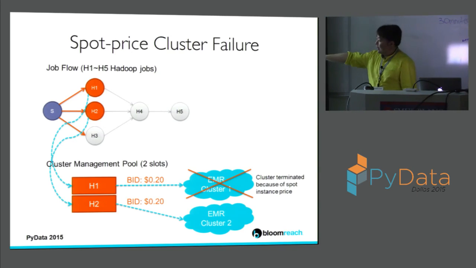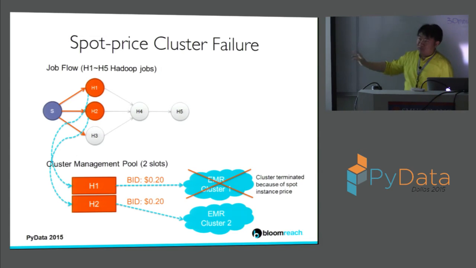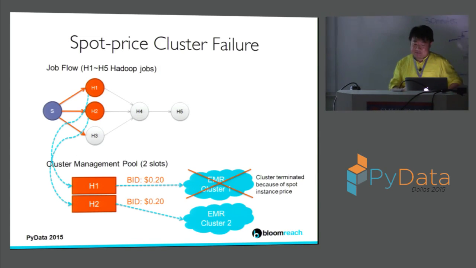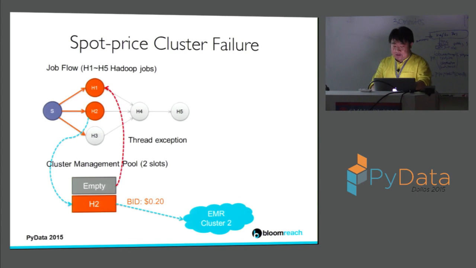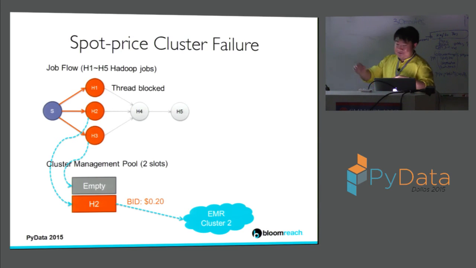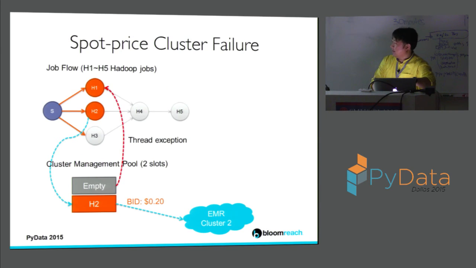So it's not necessary that clusters with the same bidding price would get killed simultaneously. So let's say this cluster gets killed. The slot would send the exception back to the original thread. So now this thread gets a failure, and it will retry again based on our settings, how many times you want to retry. But remember, H3 is also blocking.